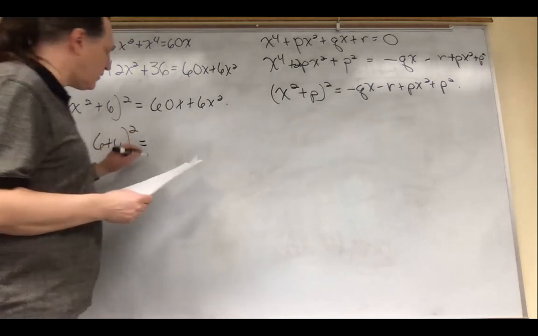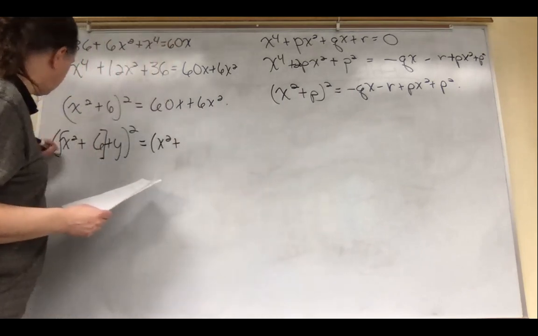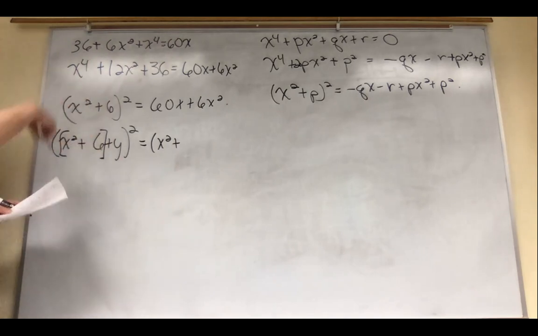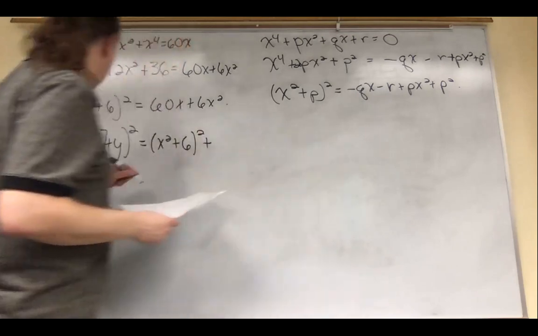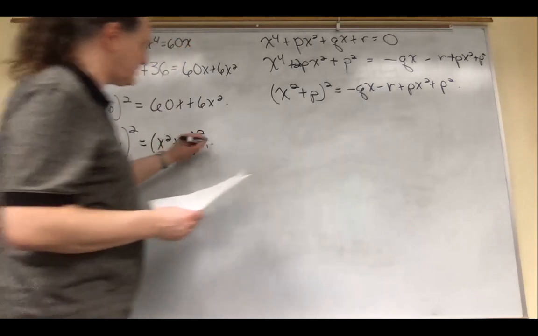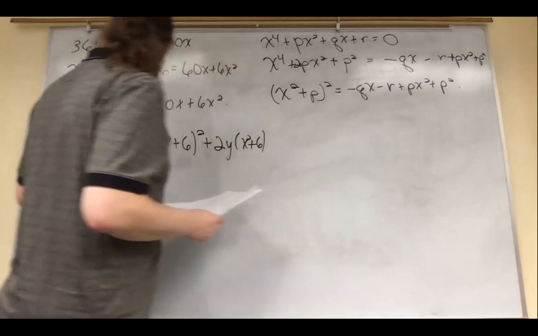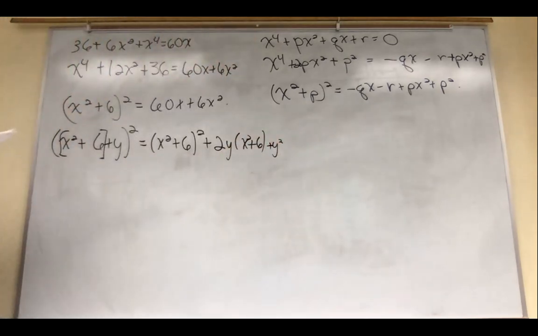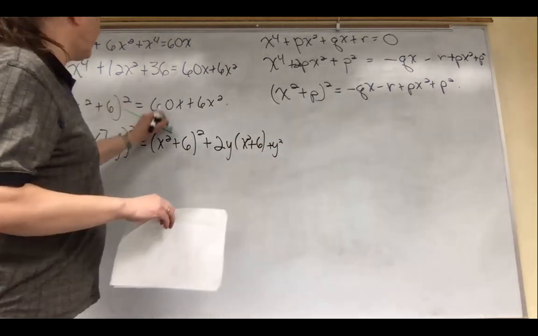And in fact, where it equals is, all right, let's think of it this way. It's x squared plus 6 plus y whole thing squared. So that will give us x squared plus 6 squared plus 2 times y times x squared plus 6 plus y squared. Oh, but wait. We've seen this before.